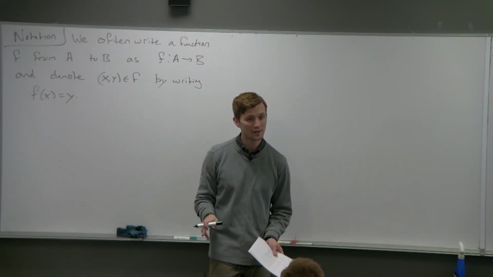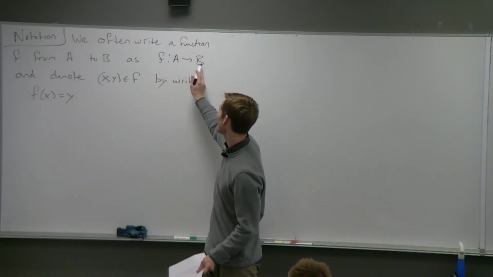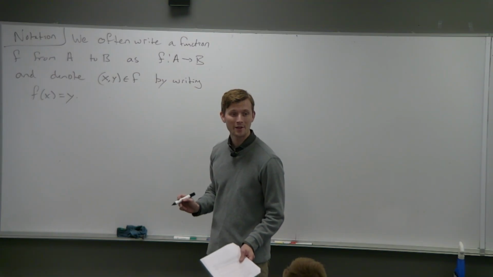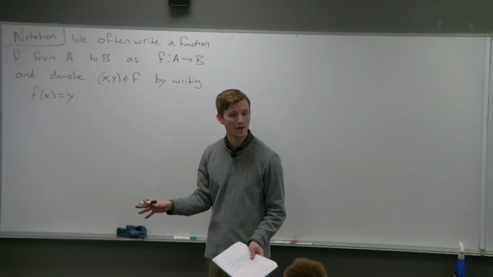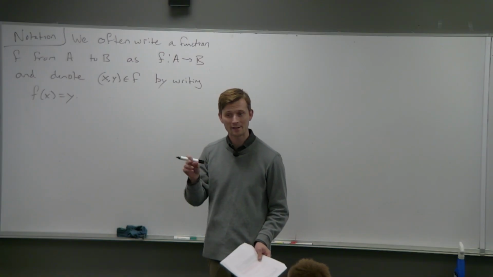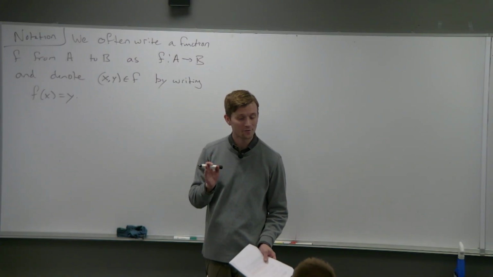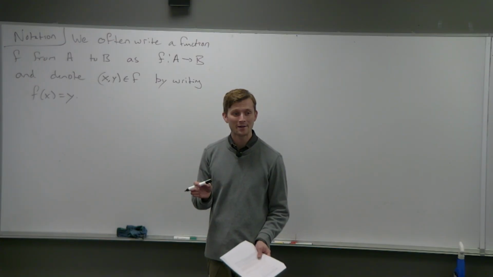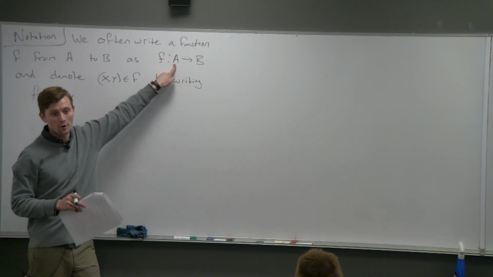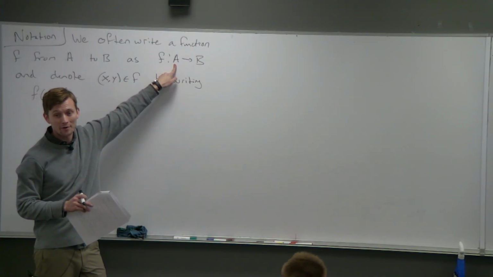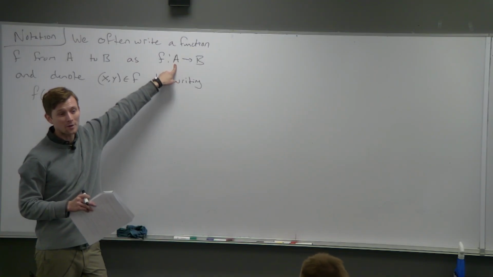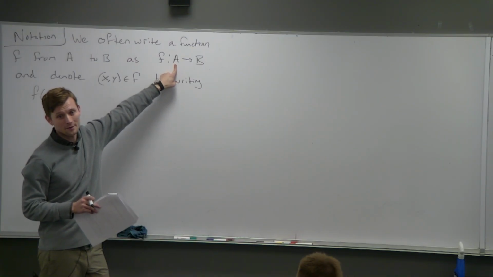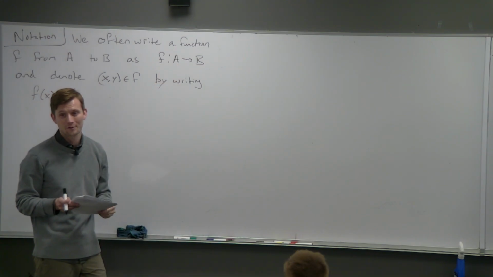So anytime you see f from A to B, this is telling you that you have a collection of ordered pairs, first thing in A, second thing in B, satisfying the very nice property that everything in A appears as the first coordinate of one of the ordered pairs, and it appears in only one of them. Okay, cool. Functions.